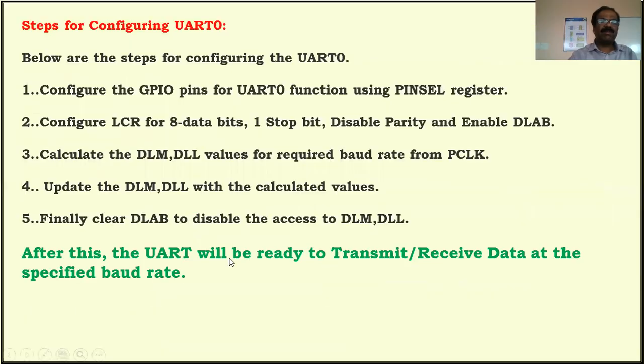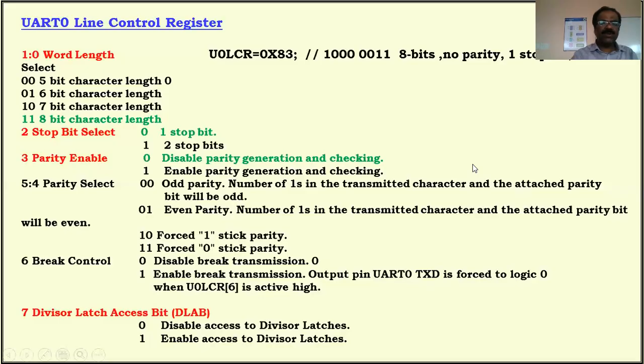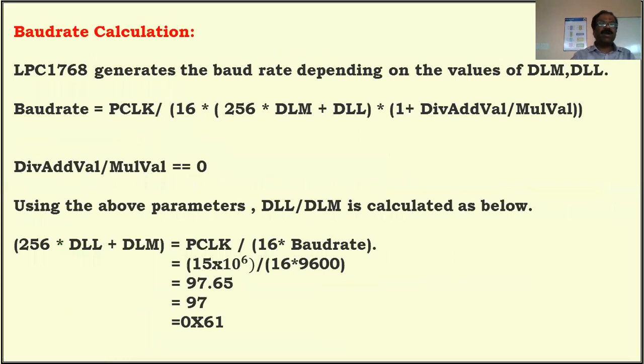Then what is step number 3? Calculate the DLL values for the required baud rate from the peripheral clock. Then I'm going to do that particular step. Baud rate calculation. The speed of transmission and the speed of reception is very, very important. In general, this is very comfortable with 9600 bits per second.